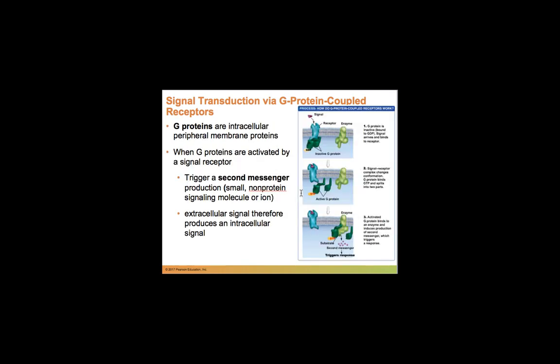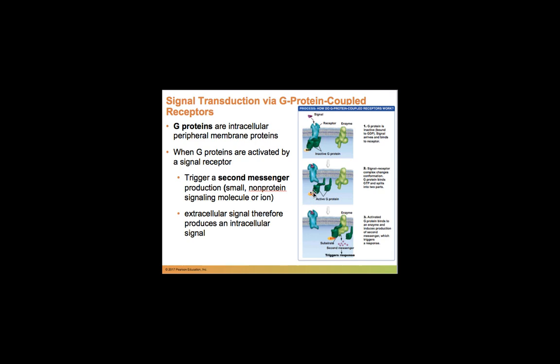So let me show you what that means. Our signal is bound to our receptor, and the G protein is directly attached to the receptor. We see here this is our inactive G protein form. Why? It has GDP bound. Once we form our signal receptor complex, our G subunit is going to split into two. That's when it's active, because one is going to have a GTP bound.